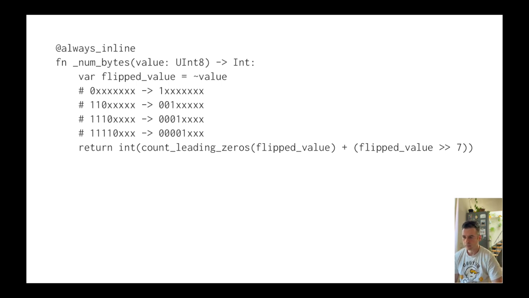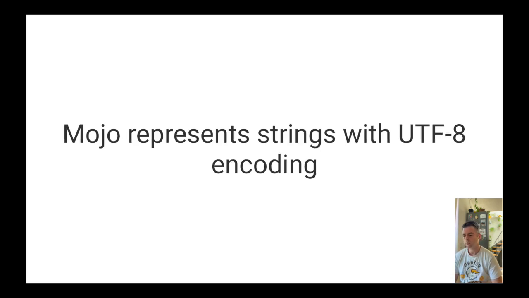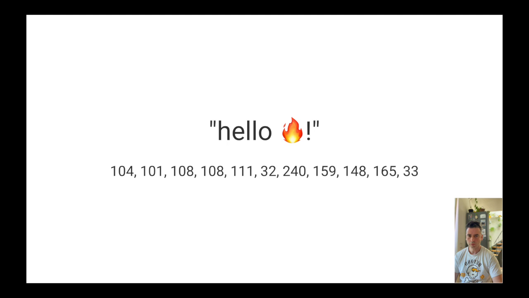Then let's see further. Well, it's a nice story, but what about Mojo and CrazyString, right? Okay, so Mojo represents strings with UTF-8 encoding. It's already good. So if we see a string like this, hello fire exclamation mark, then those are the bytes underneath it, like 103, 101, and so on.